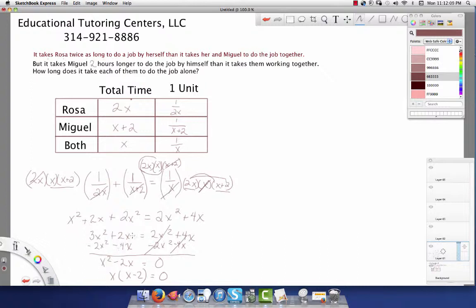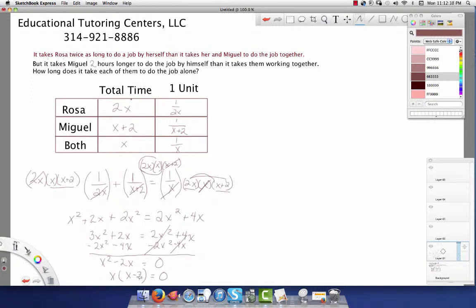And then move this 4x by subtracting. So I had 2x's and I'm trying to take away 4x's, so I'm short 2x's, so minus 2x. And then after all of this is gone on the right side, I just have 0. And then in order to solve for x, I had to factor x out of these two expressions. And so that put an x here. And it left inside of the parentheses x minus 2.